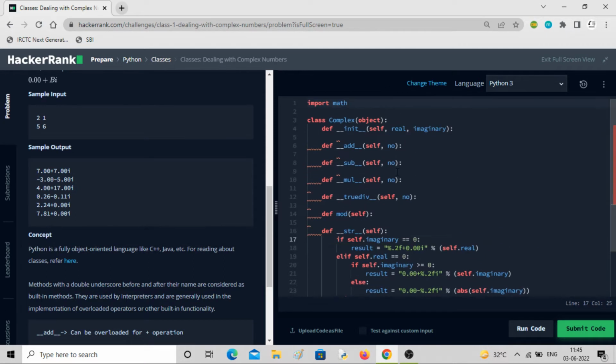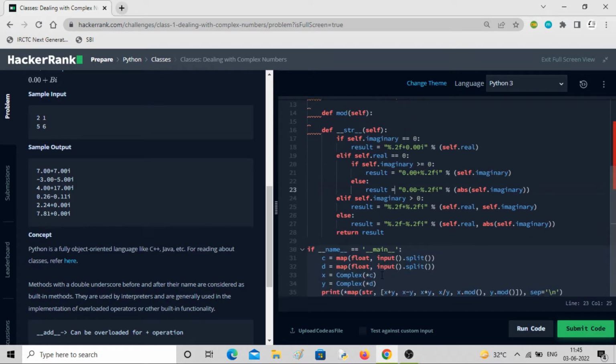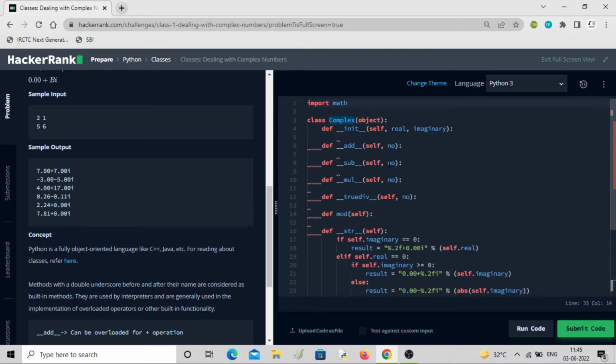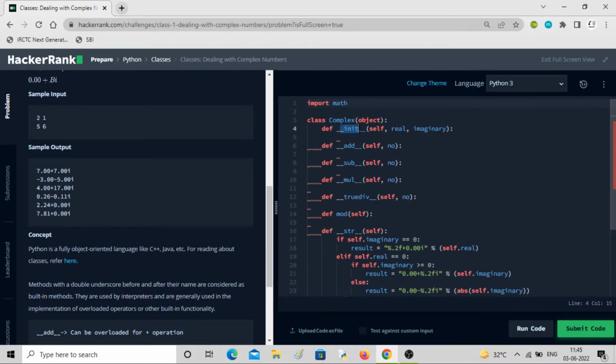What is given to us, you can see here. Similar to what we saw before, definitions are given, the functions are given, you have to complete them, and the main function is given here, which you can't change. So here the values of C and D are being taken, then they are calling complex, which is the name of the class, and they are passing the value of C. So the init function will be called directly with real and imaginary.